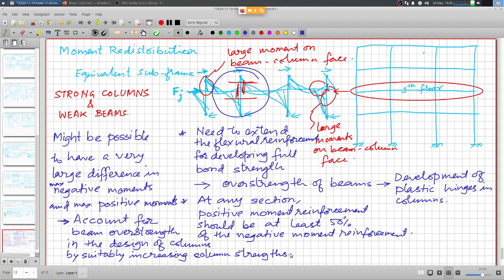Right? And then all will be well, and we will still have strong column and weak beams.